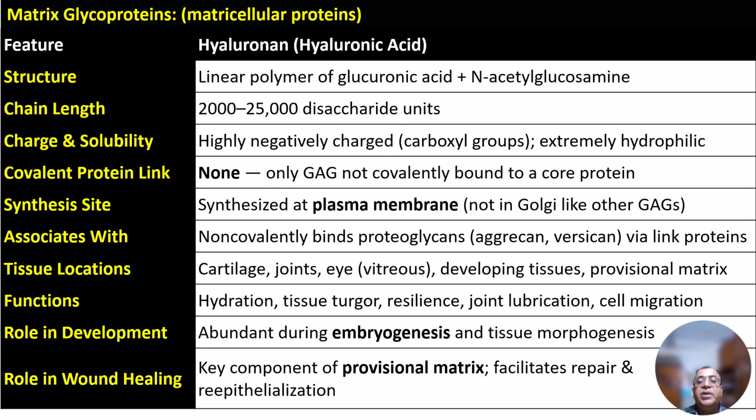Hyaluronan or hyaluronic acid is the only glycosaminoglycan that is not covalently linked to a protein. There is no covalent binding in this. It is a linear polymer of glucuronic acid and N-acetylglucosamine, and there are about 2000 to 25,000 disaccharide units in its chain.